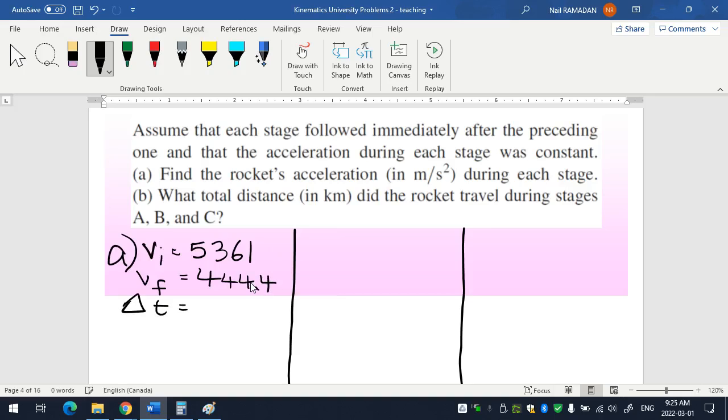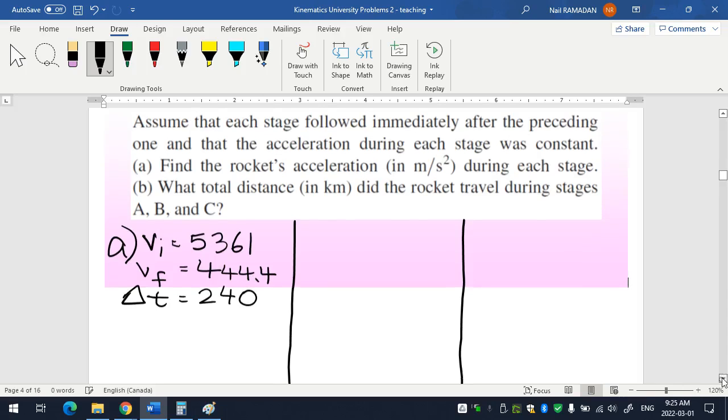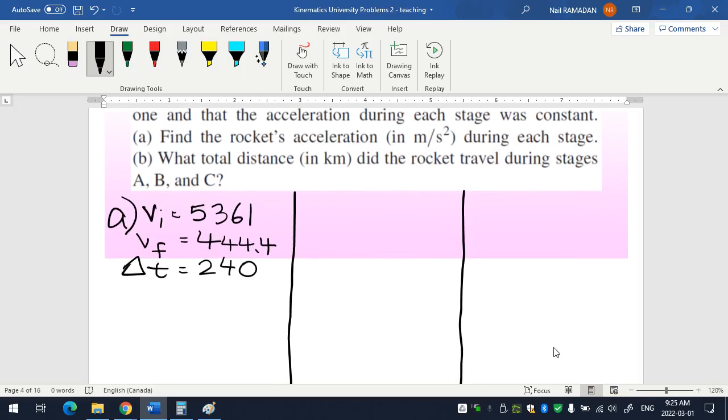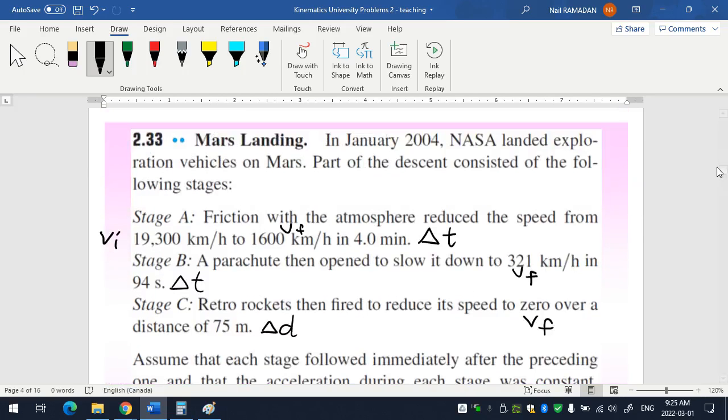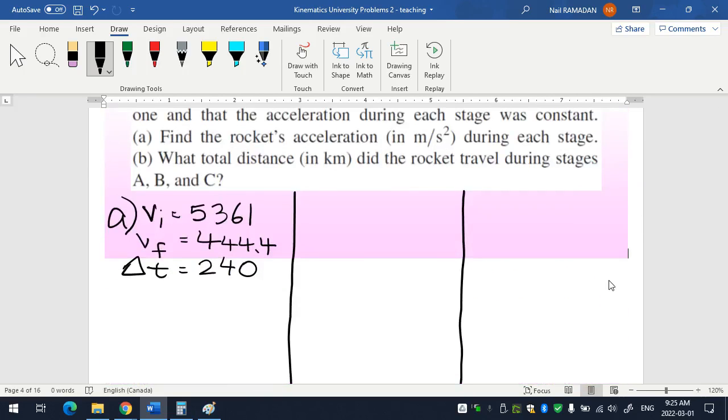How many seconds is 4 minutes? You multiply by 60. 240. We are looking for acceleration in part A. So I want a question mark. What's missing from here? Distance.